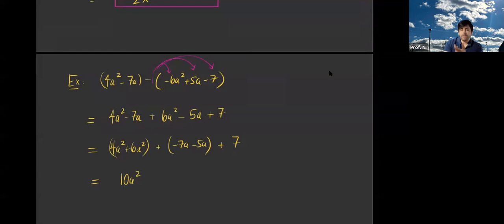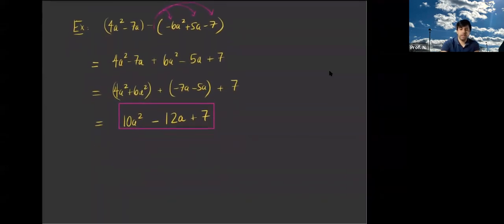I get -7a minus 5a is -12a, and then plus 7. And voila. That is the difference. Right? So far, so good. Adding, subtracting polynomials should be pretty straightforward.